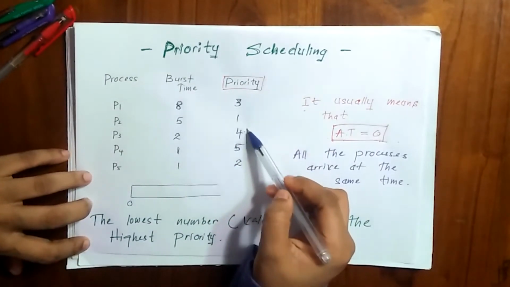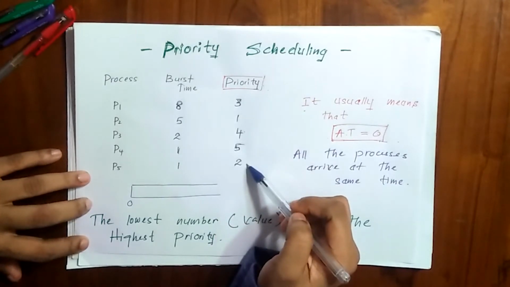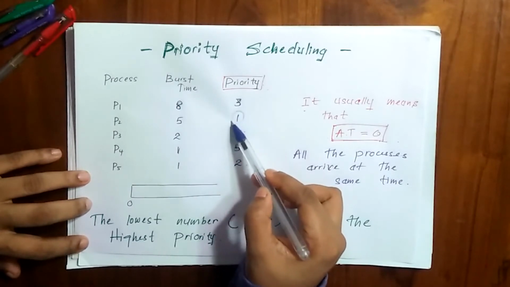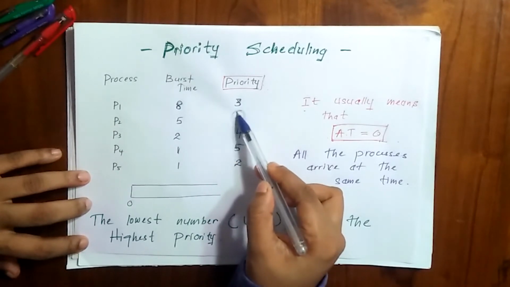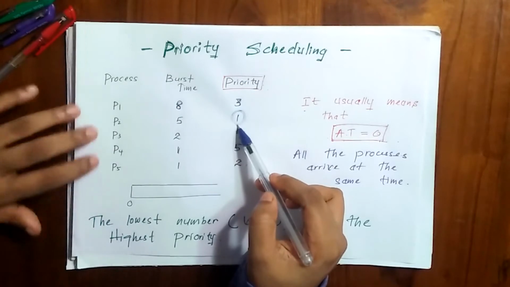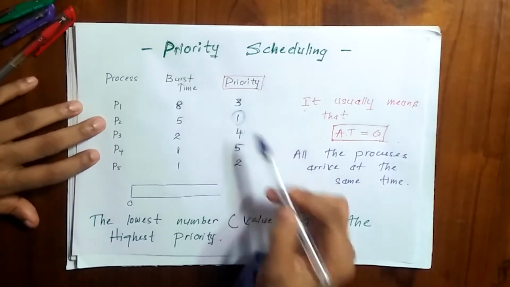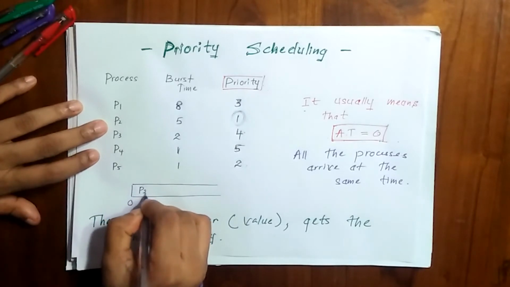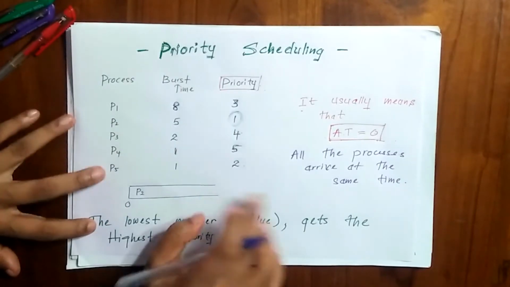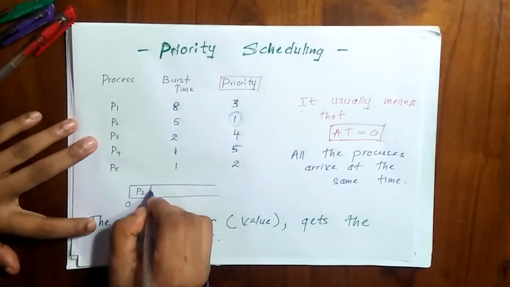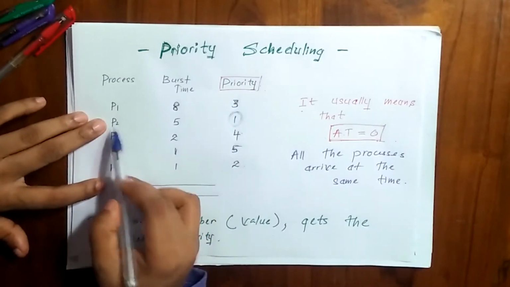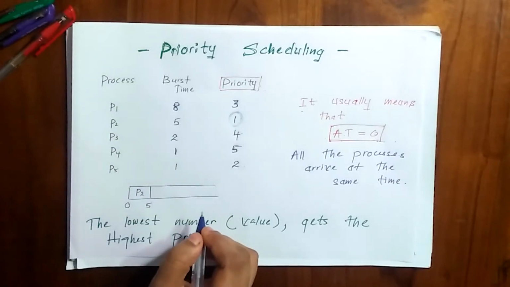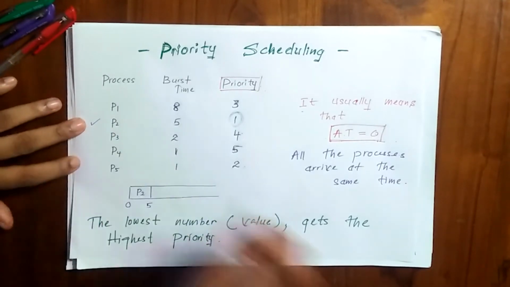From these values, you can see 1 is the minimum, right? 1 is the lowest value. So then without any doubt, you can select P2 as the first process which comes to the chart. So P2, and we have to write the burst time here, it is 5, right? And now we are done with P2.